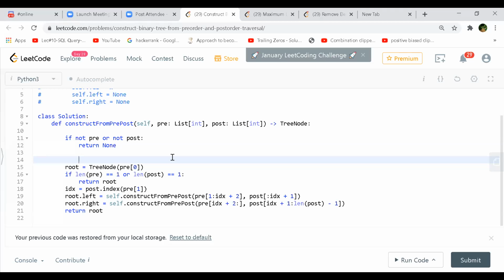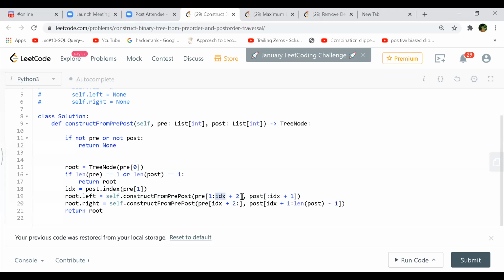Okay, so the way you are looking at pre-order, you are starting from your first index till IDX plus 1. That is the last index in our pre-order which we are picking, and till that point we'll pick it in our post order.